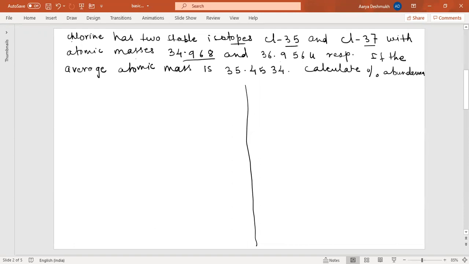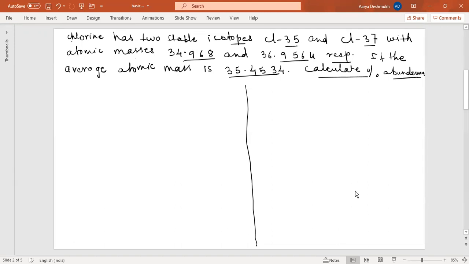These are the atomic masses of Cl35 and Cl37 respectively. And if the average atomic mass is also given, how will you calculate the percentage abundance of these? Means what is the percentage abundance of these elements, Cl35 and Cl37. Okay.